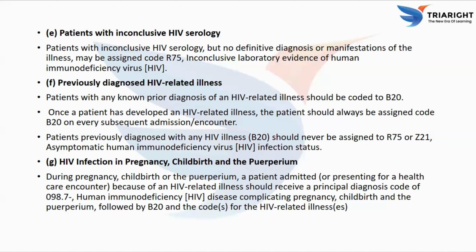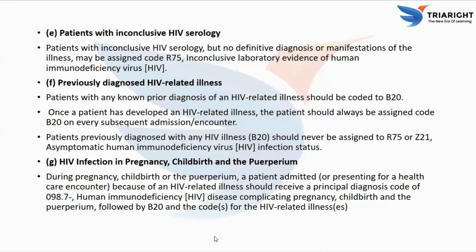For example, a pregnant woman presents for routine care, and the provider states HIV positive but asymptomatic. You assign two codes: O98.71 for HIV complicating pregnancy, and Z21 for asymptomatic HIV because there are no symptoms at all.